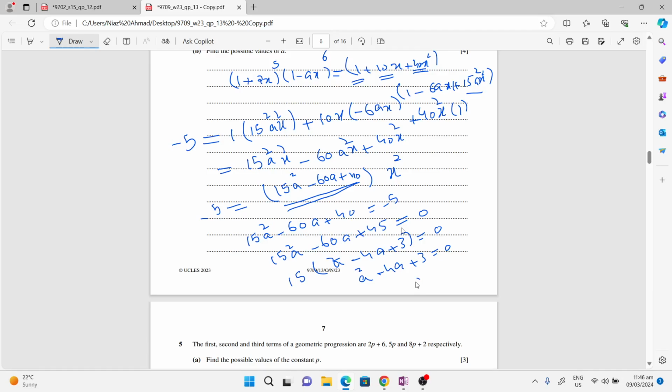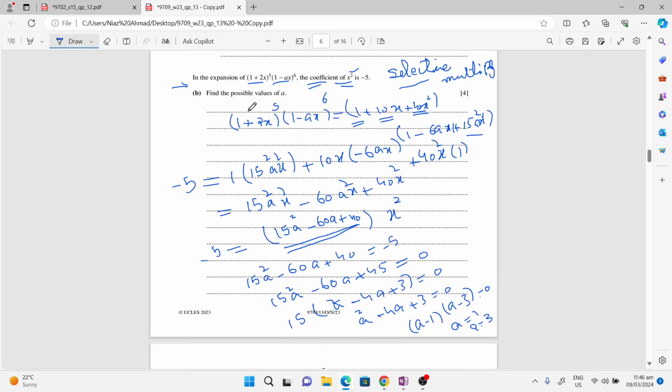So my two brackets will be a minus 1 and a minus 3, that is equal to 0. So a is 1 and a is 3. So I got my two values because the examiner said find the possible values of a. So it means that a contains more than one value.